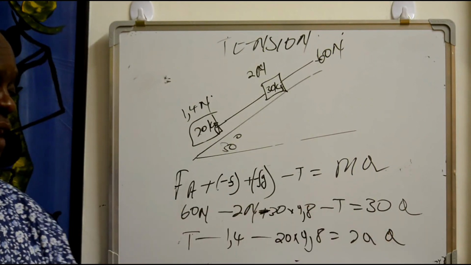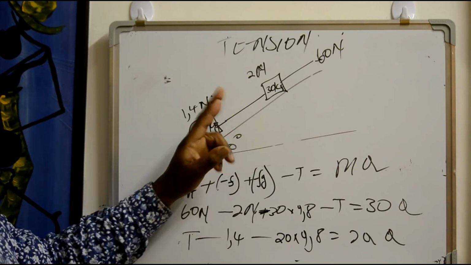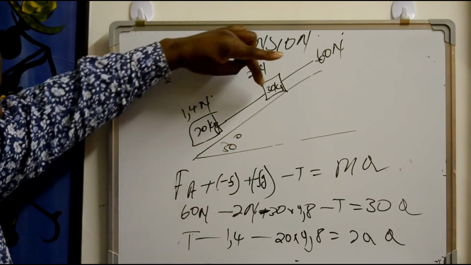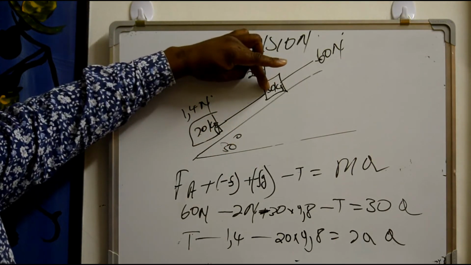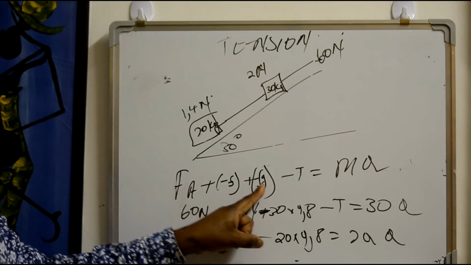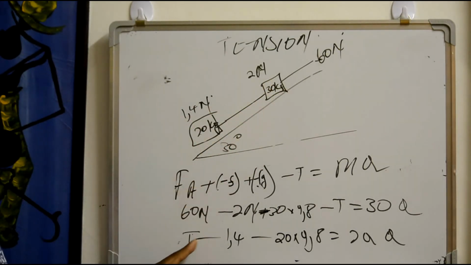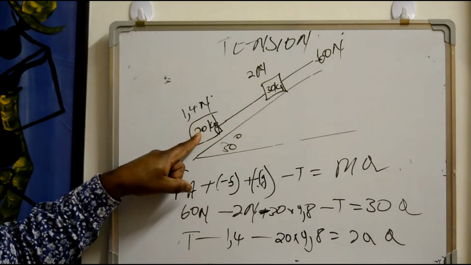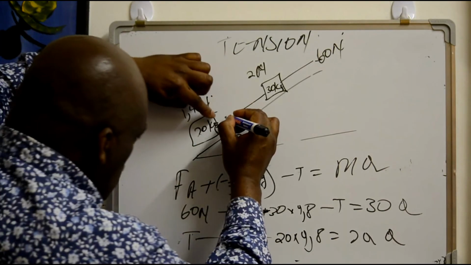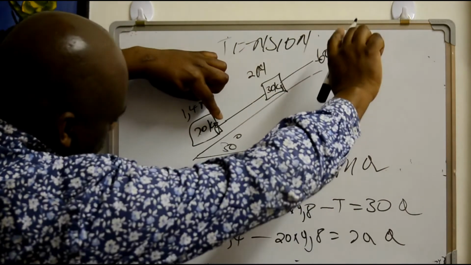Simultaneous equations, grade 12. I know you are familiar with this. Let me repeat it again. If you are given a situation with a tension, you must express the equation for the 30 kg as the force applied minus the friction minus the force of gravity minus the tension. For the 20 kg, the tension is acting in the upward direction.